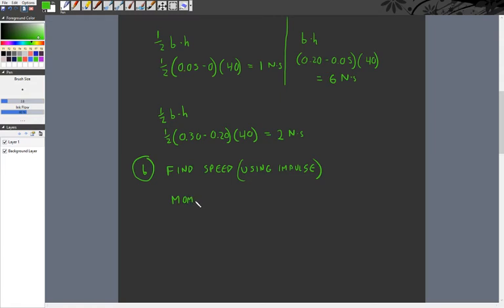So for block B, the momentum after the collision is equal to that 9 kilogram meters per second that it got from the impact from block A. In other words, the mass of block B times the final velocity of block B is equal to 9 kilogram meters per second. What was the mass of block B, by the way? It was 4.5.